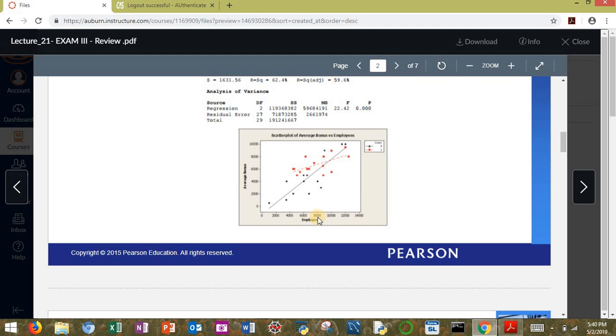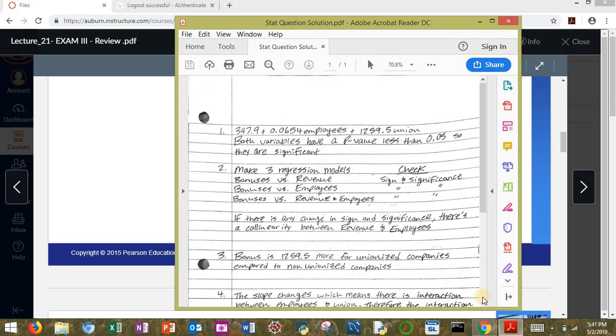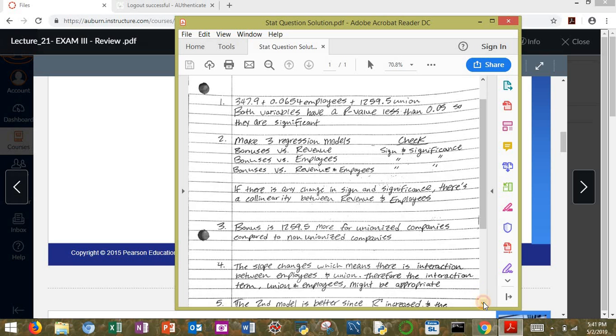And so since we can tell there is an interaction between these two, since there's a difference in the slopes, we might want to add an interaction term to our model to make it more accurate. And so I will show you my solution to that.